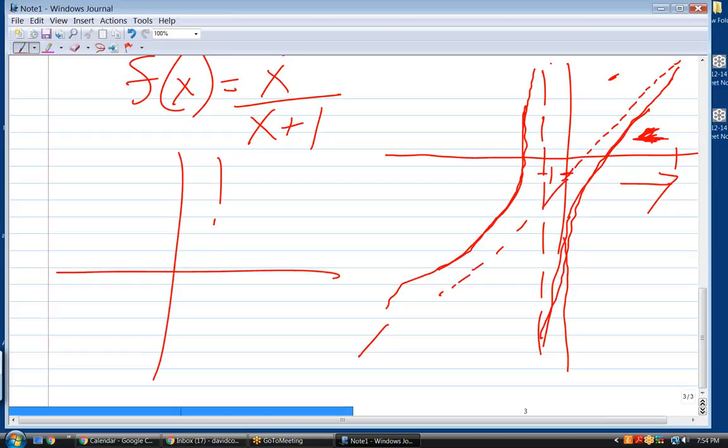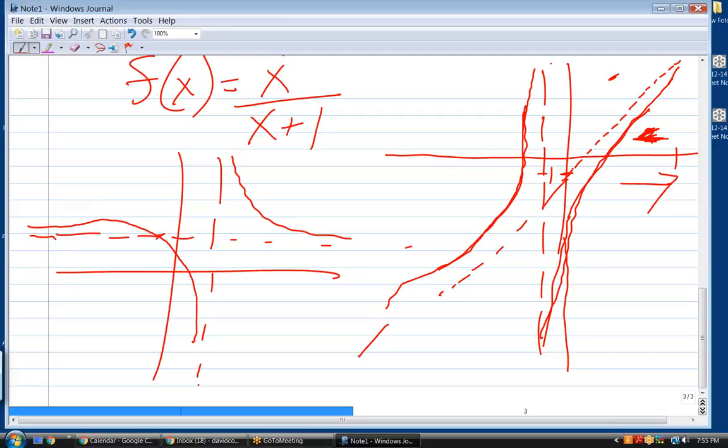Let's say I had a vertical asymptote there, had a horizontal asymptote there, and my graph might look like this, hyperbolic in nature, but on the other side it might actually cross over and come back towards the asymptote. The only thing we know for sure is that as we go to negative infinity, we're going to approach this horizontal asymptote. But it can go through the asymptote like it did right there.